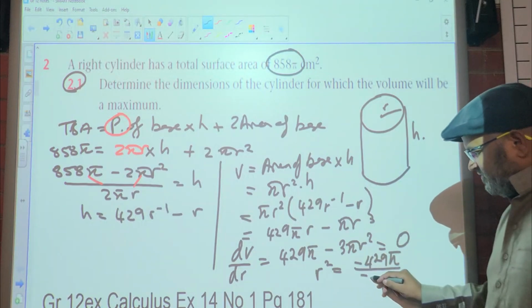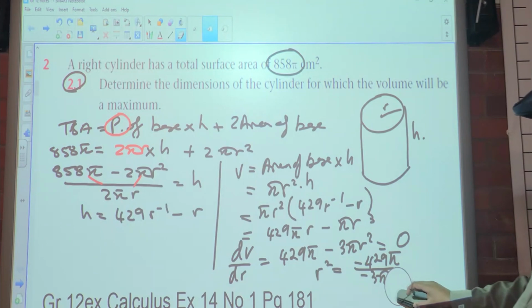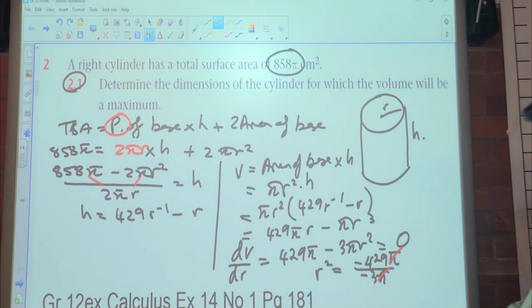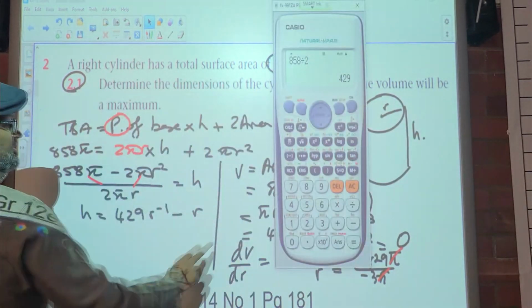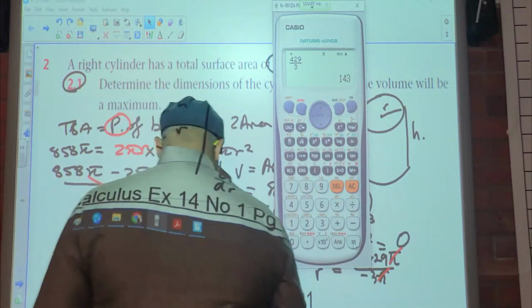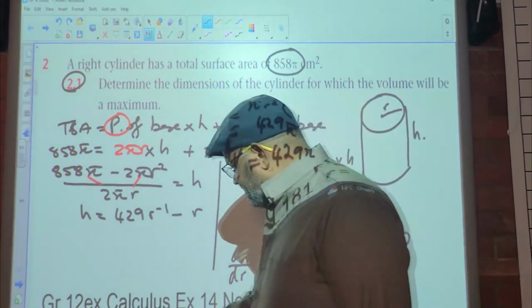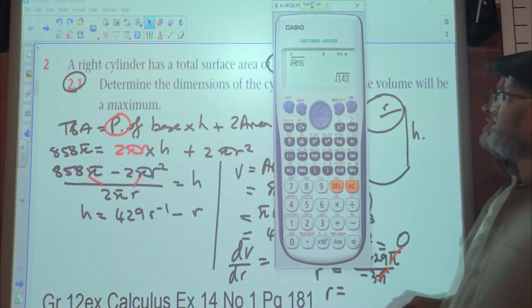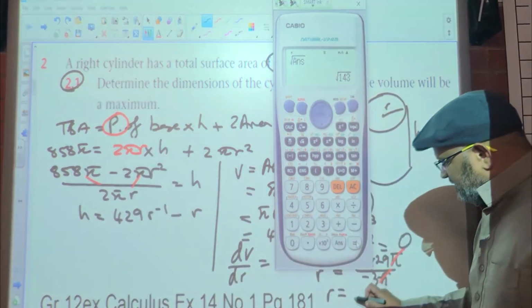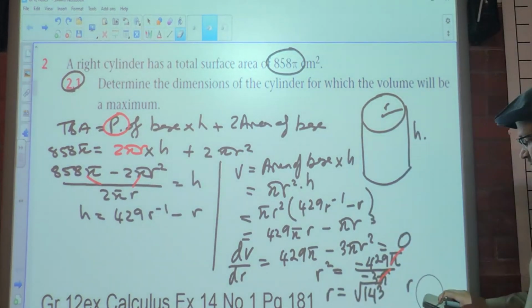So I divide both sides by negative 3 pi, that way that cancels. 429 over 3 gives you 143. So r is equal to the square root of 143. It's plus or minus, but can radius be negative? No. So it's going to be the square root of 143, where r is, of course, greater than 0.